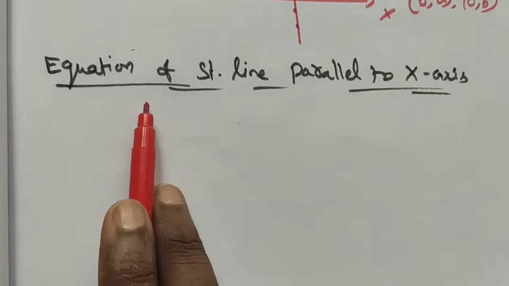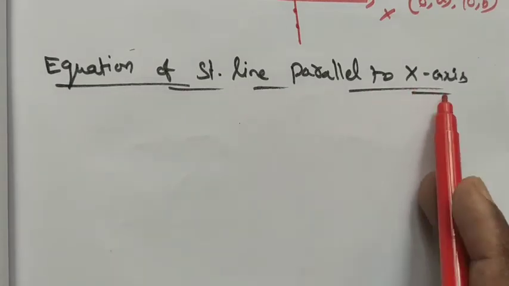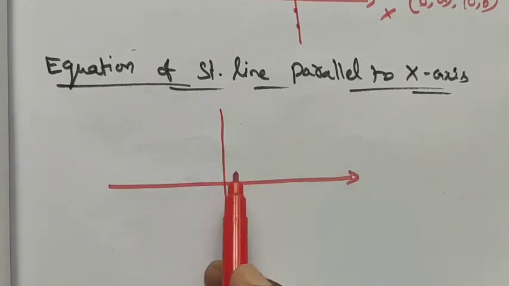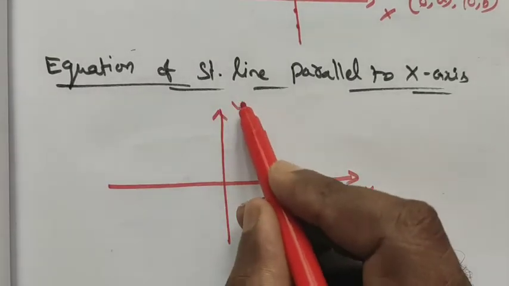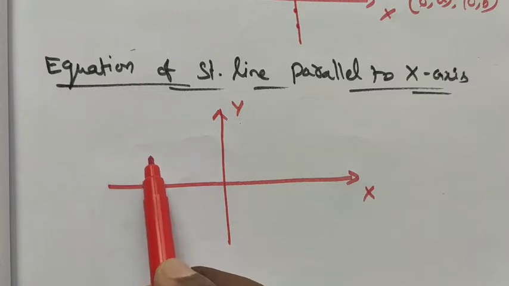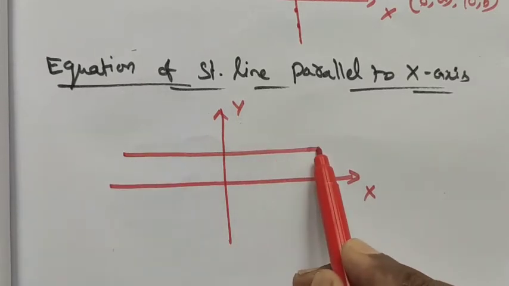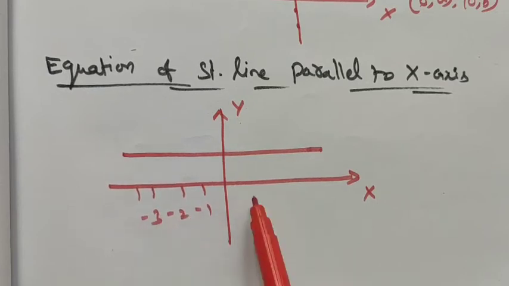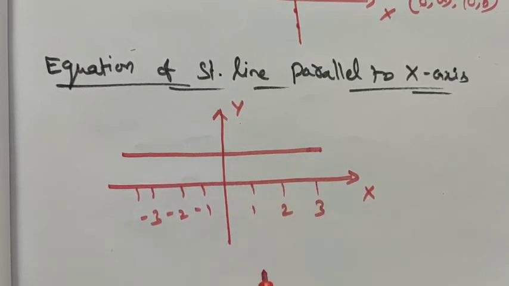Next we see the equation of the straight line parallel to the x-axis and also the y-axis. Let's see the equation of the straight line parallel to the x-axis. This is the x-axis line, this is the y-axis line. If the line is parallel to the x-axis, this is the line. Then the points are like minus 1, minus 2, minus 3, and 1, 2, 3.